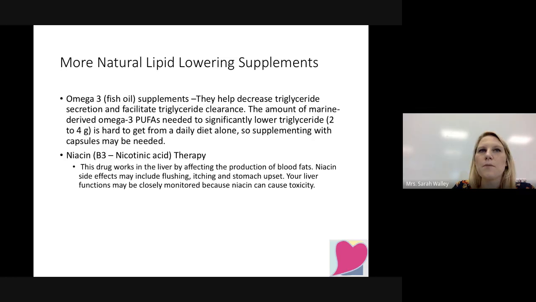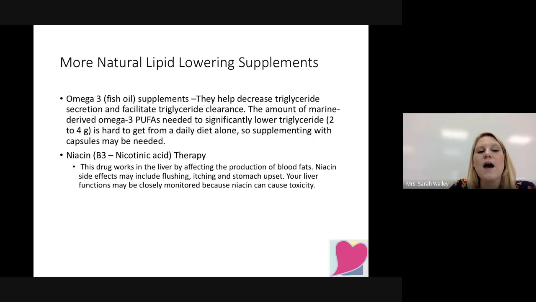We have a supplements list at the end, and it's like vitamin C, the fat soluble vitamins A, D, E, and K, and omega-3 is on there. There's a specific drug that's come out that's omega-3, and it's prescribed for different things. That's why I put it into supplements, because it's not always prescribed just for lipid lowering effects, but it has a lot of other positive things that it does too.